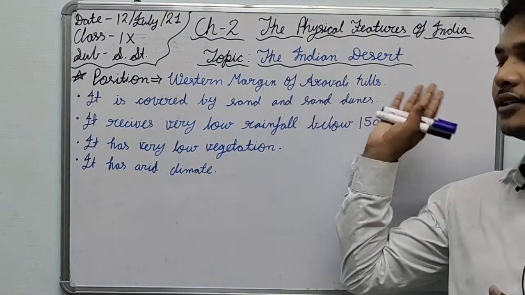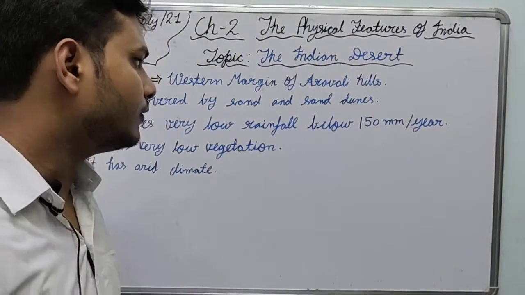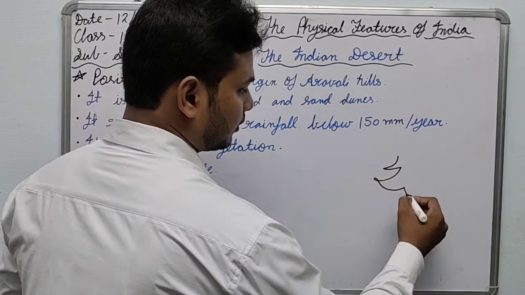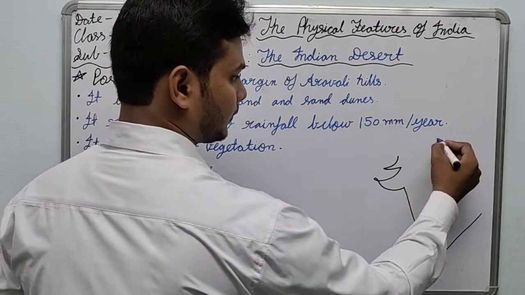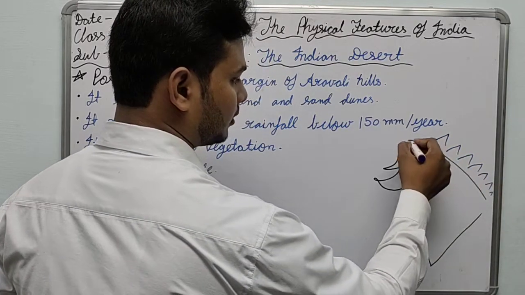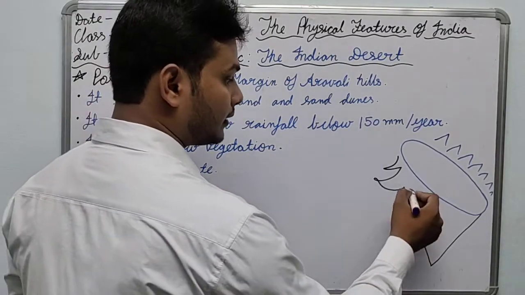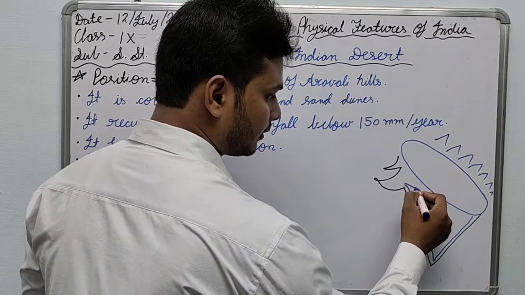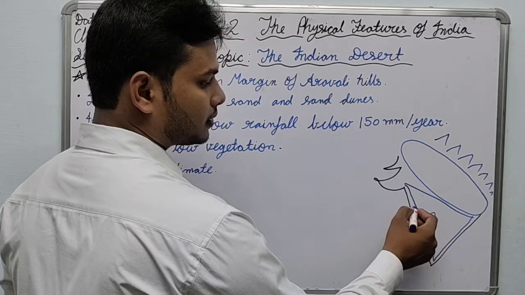Look, the topic, the Indian desert, I have mentioned already. As we discussed all the topics, first of all we discussed the location. This is India. Suppose these are the mountain ranges in the northeast direction, and after that there are the northern plains here. After that, this side is the peninsular plateau, and it is divided into two parts by the Narmada river.